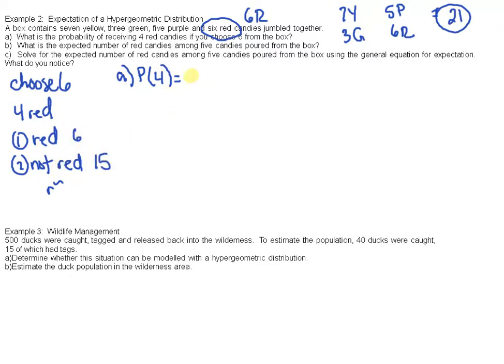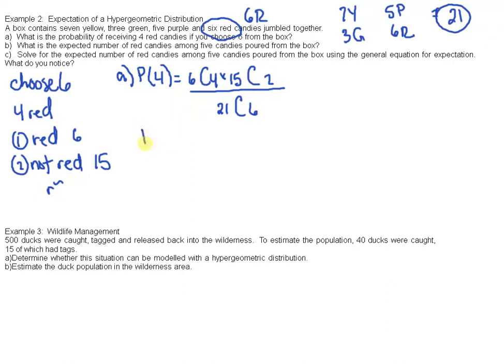So group 1, there are 6 red, and we're choosing 4, and there are 15 not red, and if we're choosing 6 altogether, there would be 2 more that we would choose. And it's all out of 21 candies, and we're choosing 6 of them. So this would be the probability of receiving 4 red candies if we choose 6.